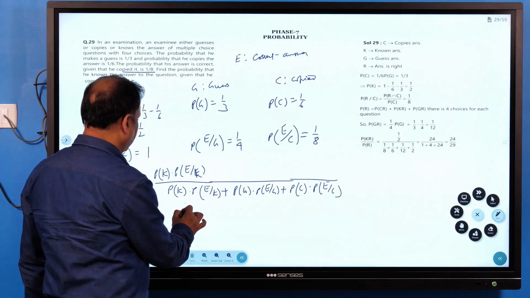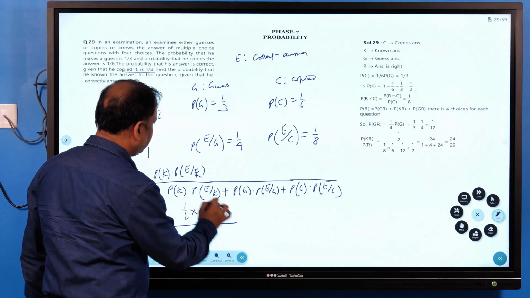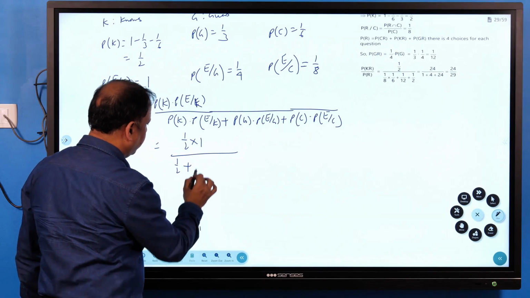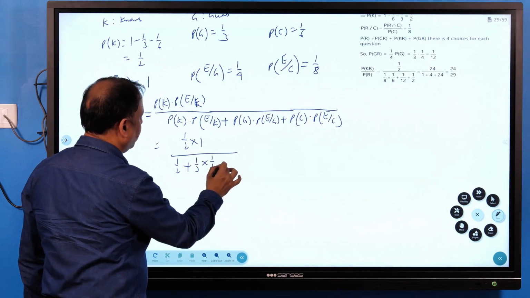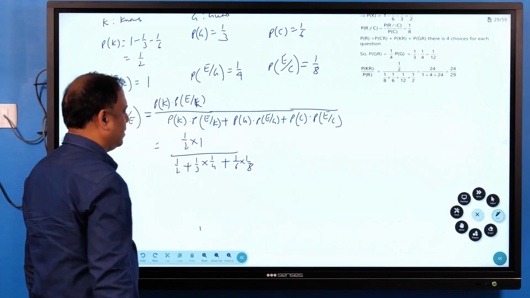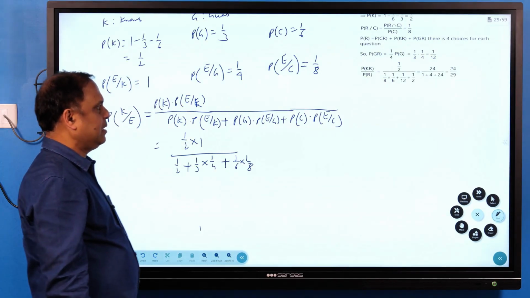So the answer will be 1 upon 2 into 1, upon 1 upon 2 into 1 plus 1 upon 3 into 1 upon 4 plus 1 upon 6 into 1 upon 8. This will give the answer. So 1 upon 2 can cancel, take LCM.